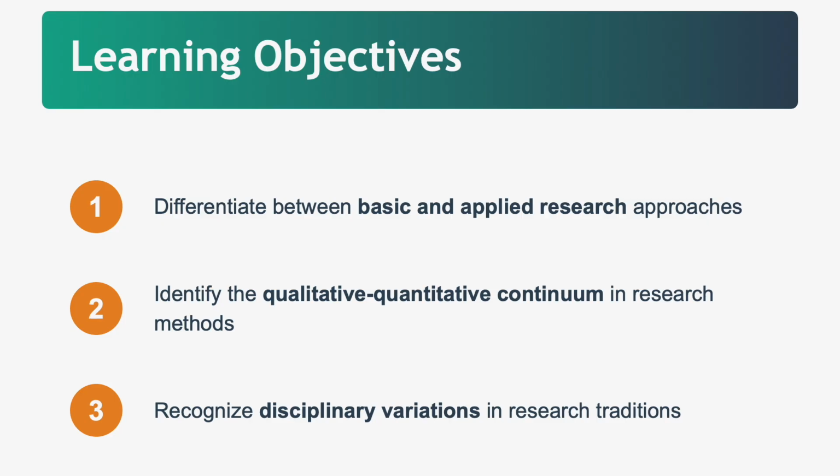Second, we'll identify the qualitative-quantitative continuum in research methods, moving beyond the false dichotomy to understand these as complementary approaches rather than opposing camps. And third, we'll recognize disciplinary variations in research traditions, appreciating how different fields have developed their own methodological cultures, while increasingly borrowing from each other.